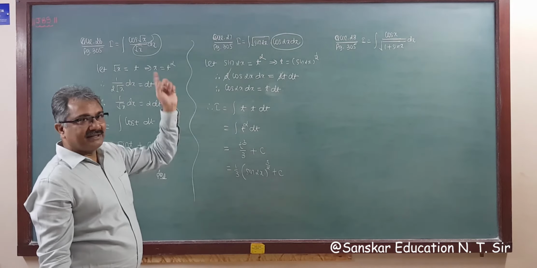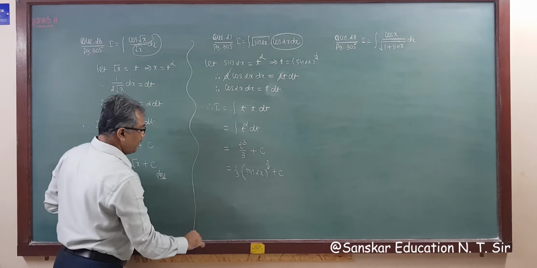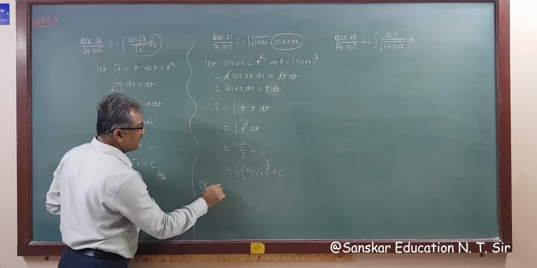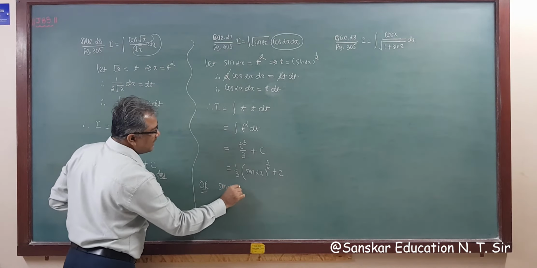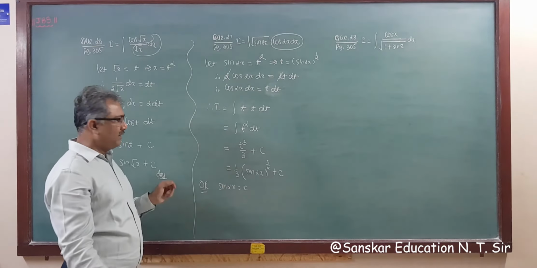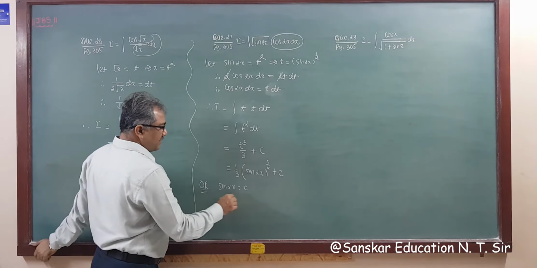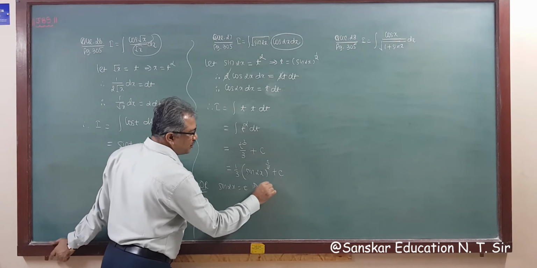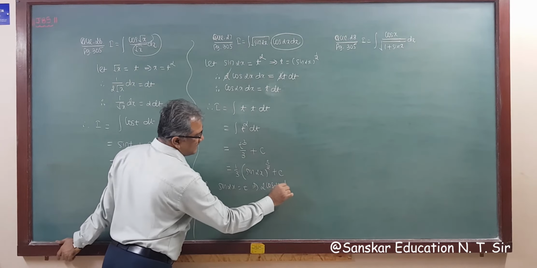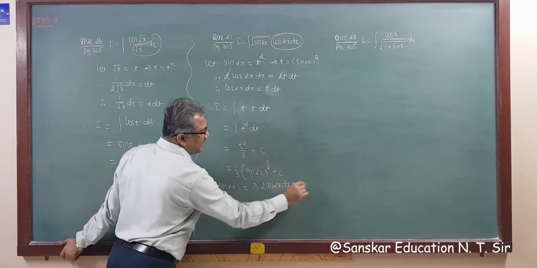Right? Now let us see. We are solving with sin twice x is equal to t. Then this is also okay, no problem at all. If we assume sin twice x is equal to t, then the derivative of this is, as you know, 2 times cos twice x dx is equal to dt, right?